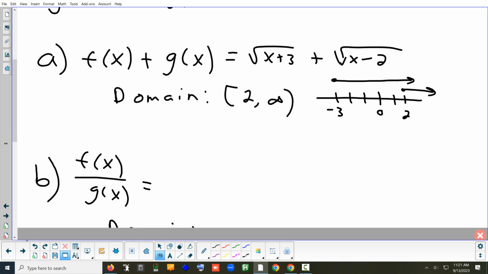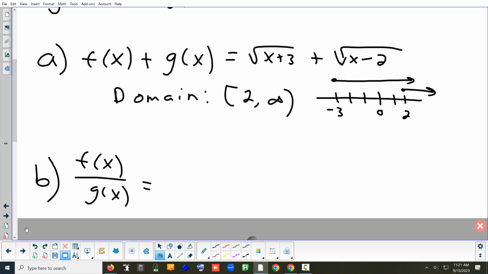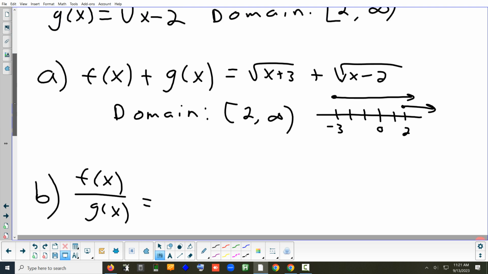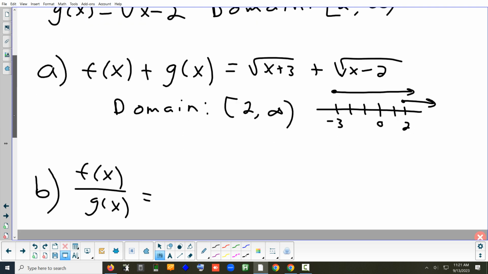Right, let's try this one. I'm not worried if we leave a square root in the bottom. Well, let's just do it, and then we'll see whether we fix it. How would you write f of x divided by g of x?